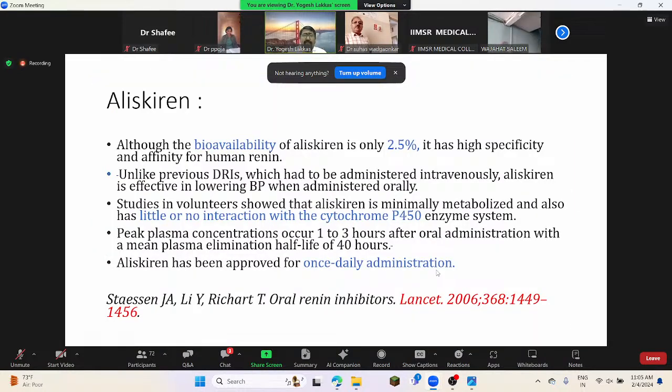How is the bioavailability of aliskiren? It is orally bioavailable. Pharmacologically, it is only 2.5%, but it has a high specificity and affinity for human renin.